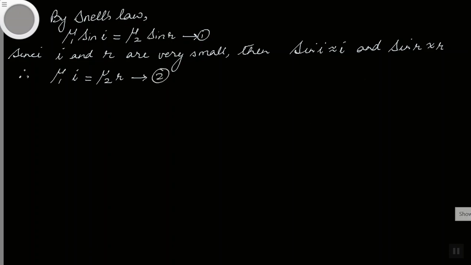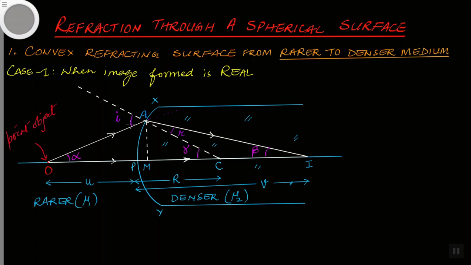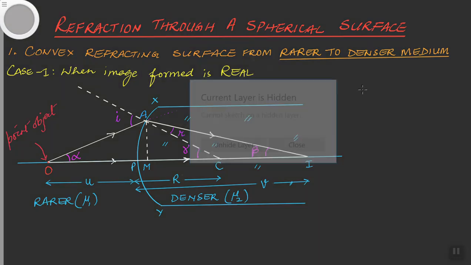Alright, now let us look at this diagram once again. If you look at this angle ACO, isn't I the external angle, and the opposite internal angles are alpha and gamma? Let me draw a rough diagram here very quickly.